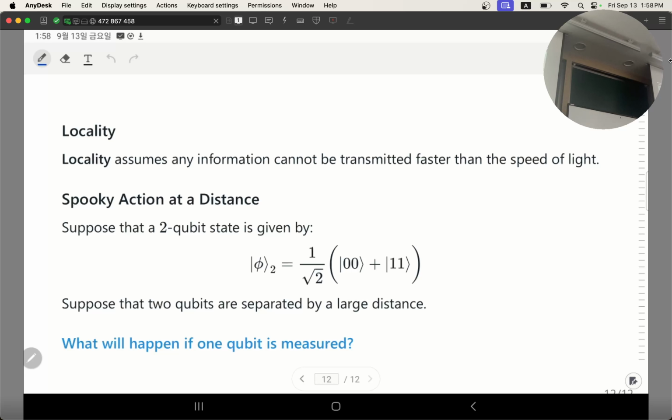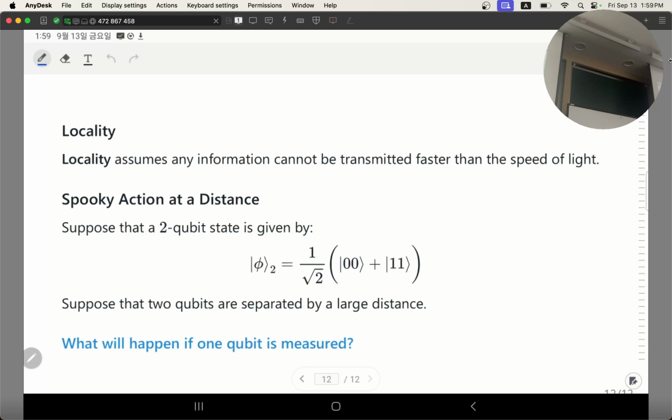So the idea comes from this entangled state. You have two quantum states entangled together. You have 0,0 plus 1,1. You separate this quantum object apart, like a few light years away. Let's say here are Alice and Bob at a light year distance.